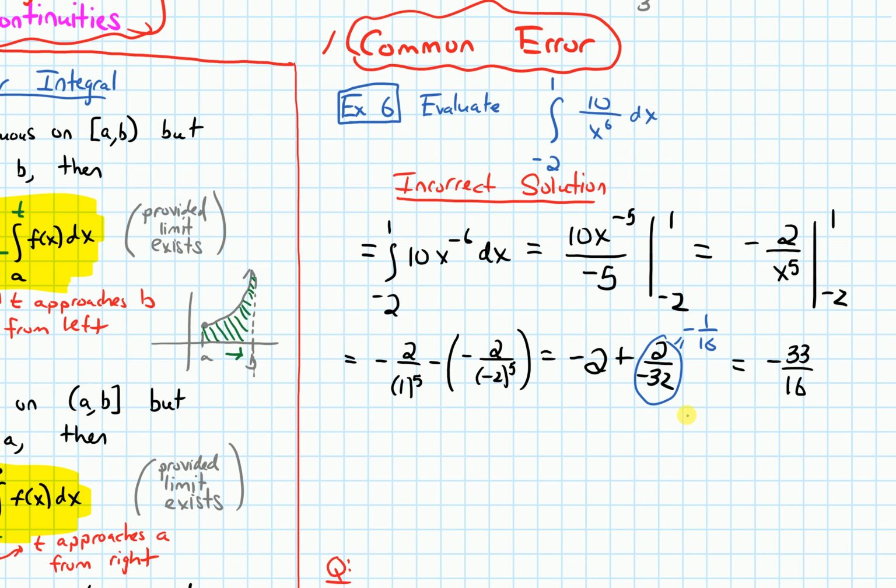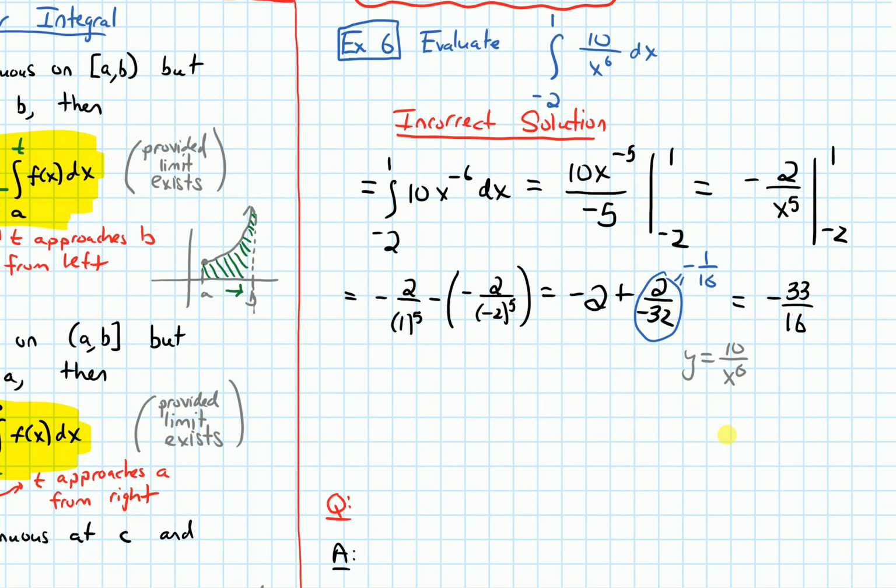So to see why, let's look at the graph of y equals 10 over x to the 6th of our function. So I'm going to draw this in. Okay, so let's scroll it down a little bit, and let's draw in this graph. So the graph of 10 over x to the 6th has one part of it over here in this first quadrant, one symmetric part over here in the second quadrant, and we are evaluating the integral from -2 to 1.